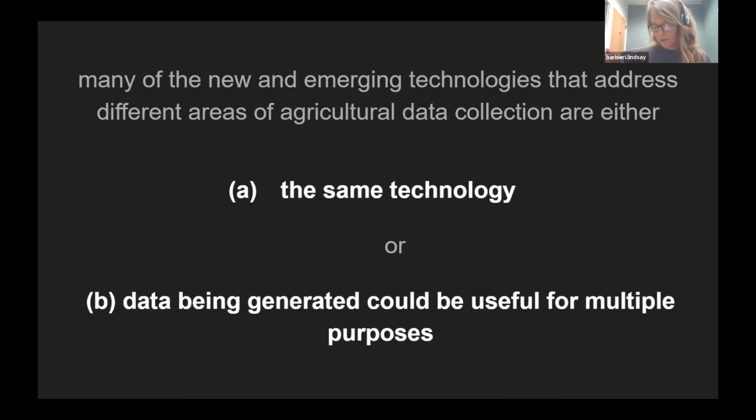What Todd mentioned, this idea of multiple environmental benefits, is really critical when we think about these new and emerging technologies. The same technology can be collecting different data to address different goals like production, water quality, and climate action, or the data generated for one purpose can be really useful for multiple purposes.